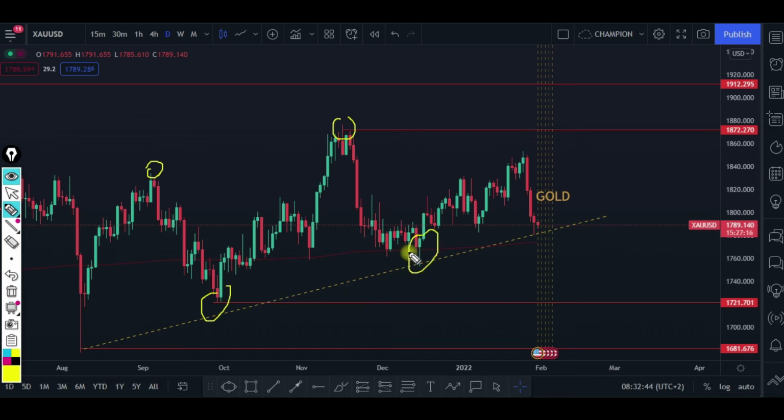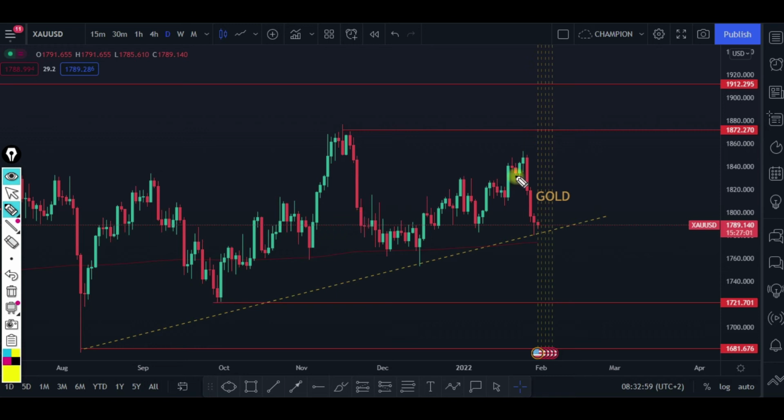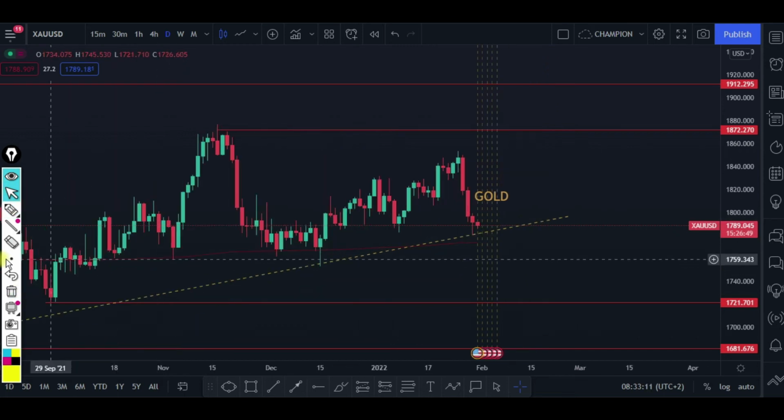This is our lower high. The market is moving like this. Hopefully the market will continue with the uptrend, but here is the thing: the market failed to break this higher high, as you can see here. Since the market failed to break this area, it gives us the lower high.